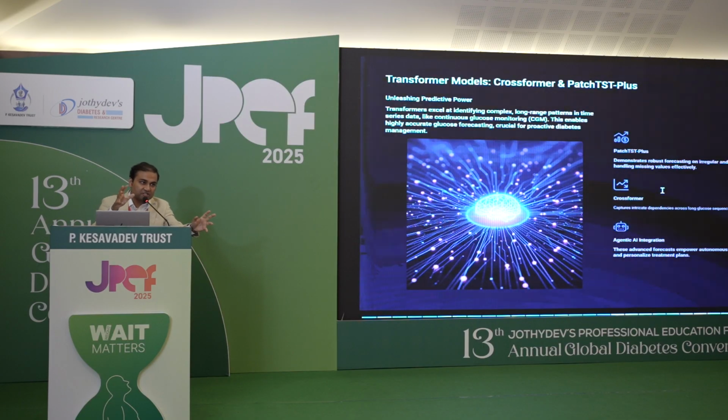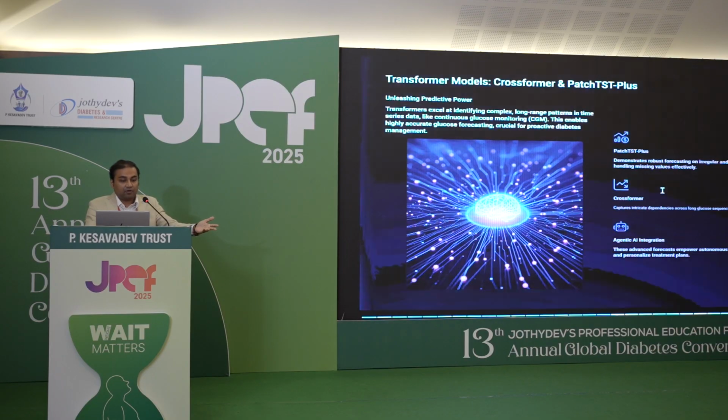Now, there are some transformer models. Transformer architectures are basically the foundation of any language model that you use, and they process multiple, huge sources of data in parallel in a dynamic manner. That's what makes it so powerful.